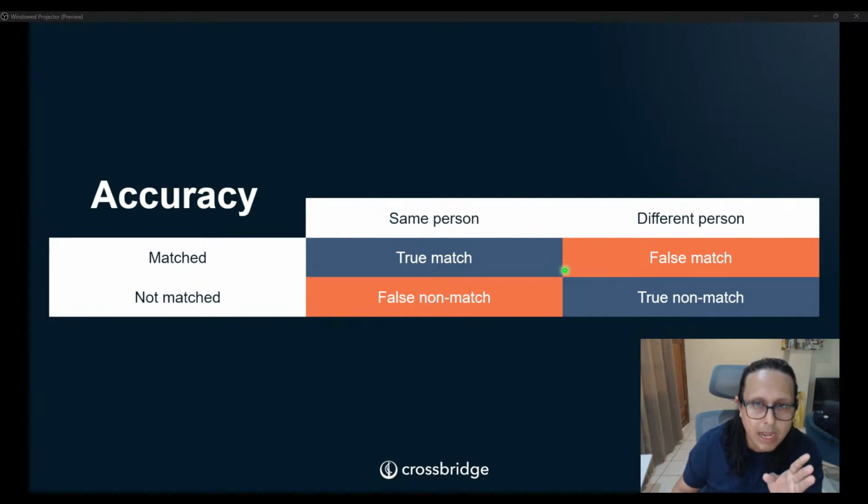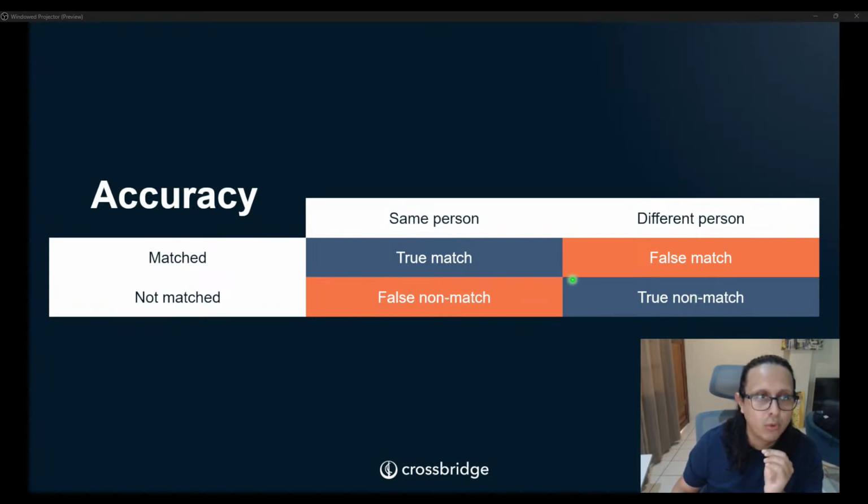That little line between a true match and a false match. And for example, it's the same thing for a non-match. If you're the same person and you did not match, then that's a false non-match. And if you did not match, but you were different people, then that's a true non-match.